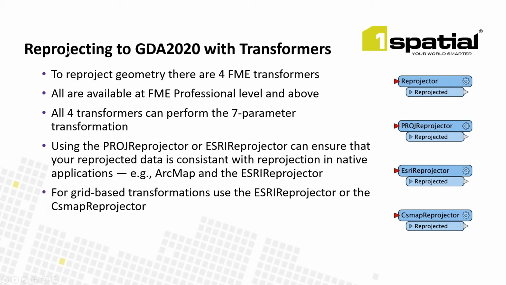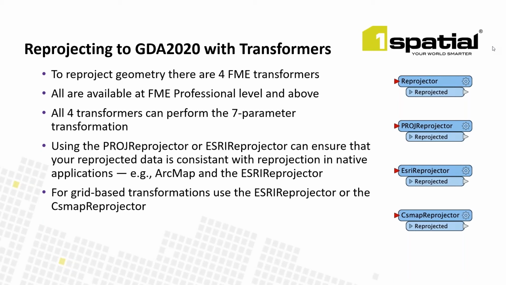With the transformers, we've got 4 main transformers: the Reprojector, the PROJ Reprojector, which uses the open source PROJ algorithms and transformations that are available through things like GDAL and so on. We have the Esri Reprojector, which uses the Esri transformations, so you can be consistent with any other data that you are reprojecting in the Esri suite of software.